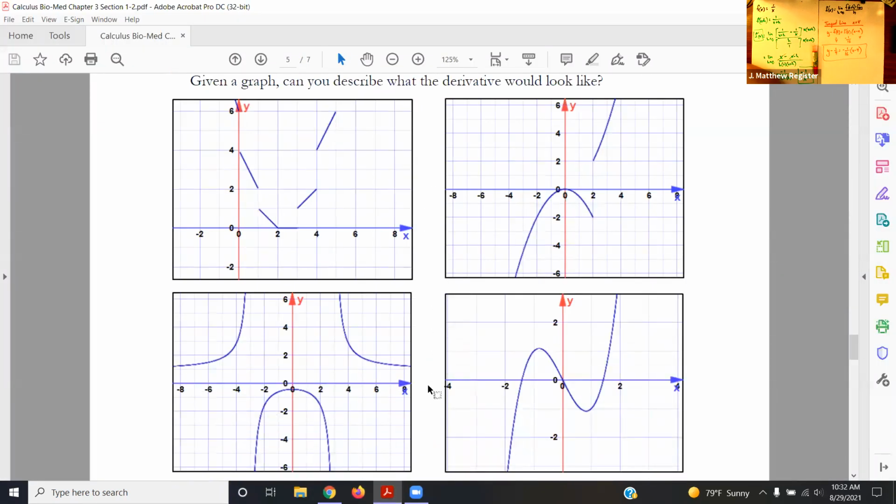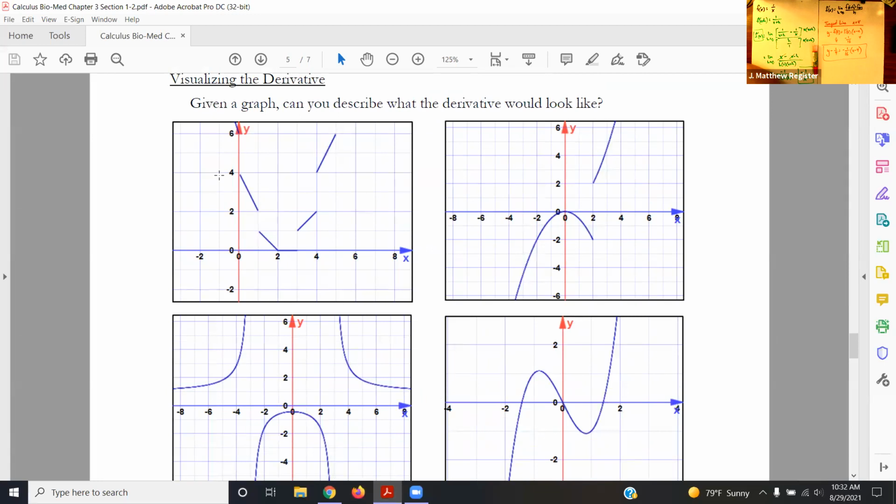And so here are some more challenging problems. Given a graph, can you describe what the derivative would look like? And this might be difficult to do on the whiteboard, so maybe we'll only do one or two of these. We'll just try and do it by hand real quick. And so let's start with that second one, because I think the second one's a little bit more interesting.